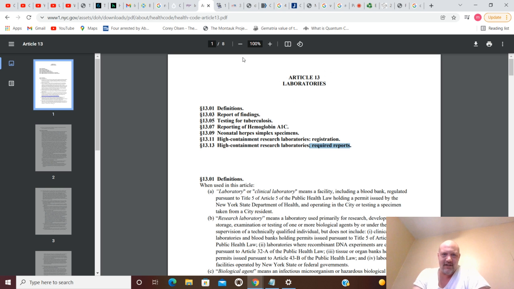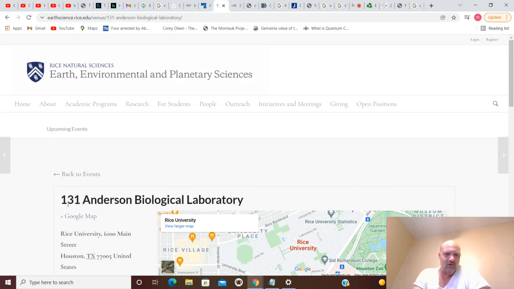So Article 13, laboratories. If we move on from that, we got 131. How about 131 Anderson Biology Laboratory at Rice, Natural Sciences, Earth, Environmental, and Planetary Sciences.